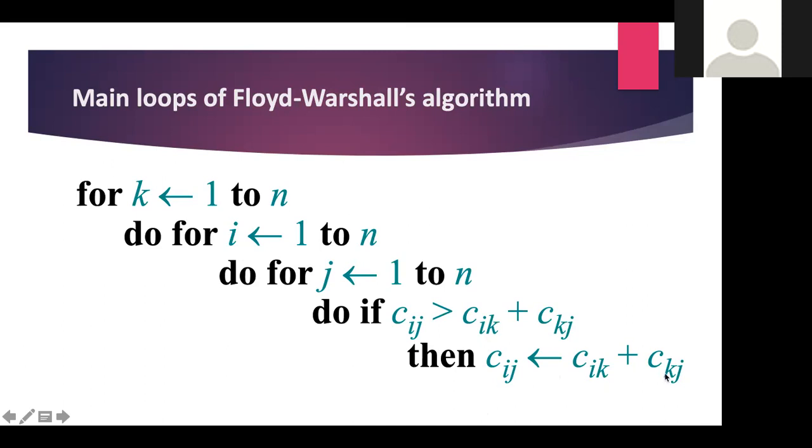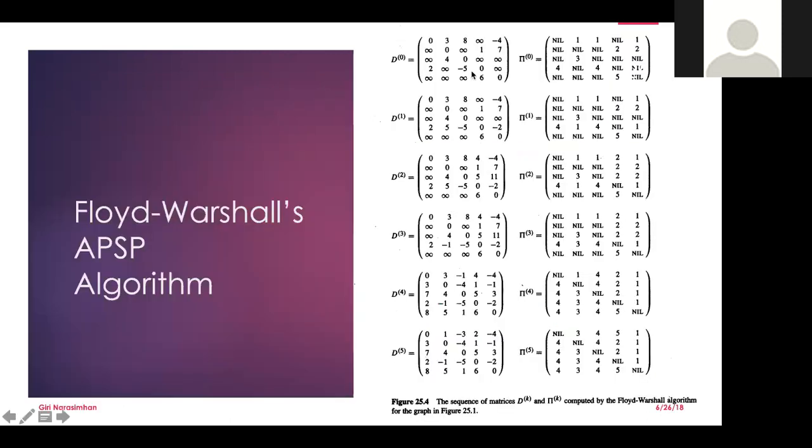This simple algorithm turns out to be enough to get the length of the shortest path between any pair of vertices, assuming that you start with a distance matrix. And this distance matrix is this D0 here that says what are the edges in the graph.